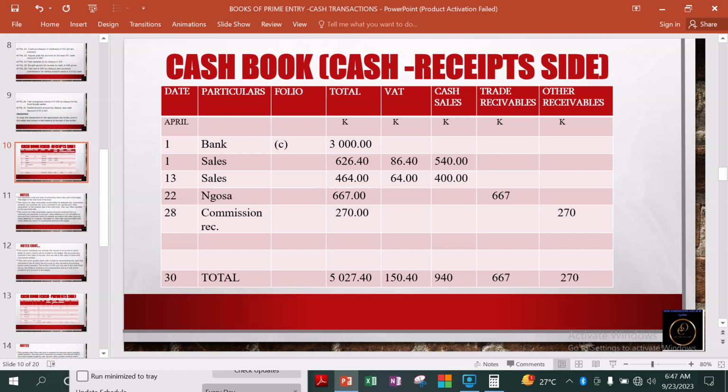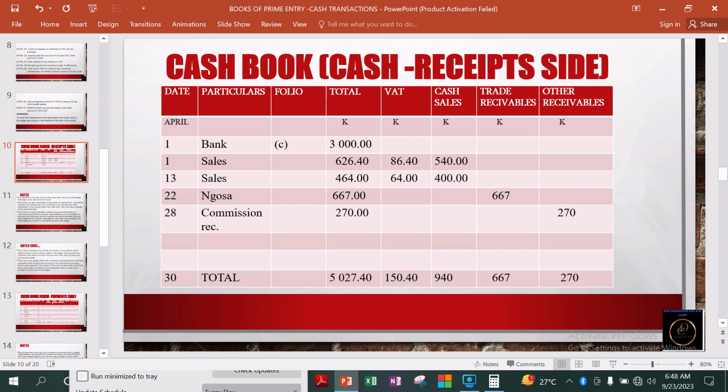So the time that the transaction took place, when it was entered as a credit transaction where Ngosa was recognized as a debtor, the VAT was calculated then on the sales. So this is simply a payment. So he's paying up what is due to him. So that's why you have not indicated something on VAT there.